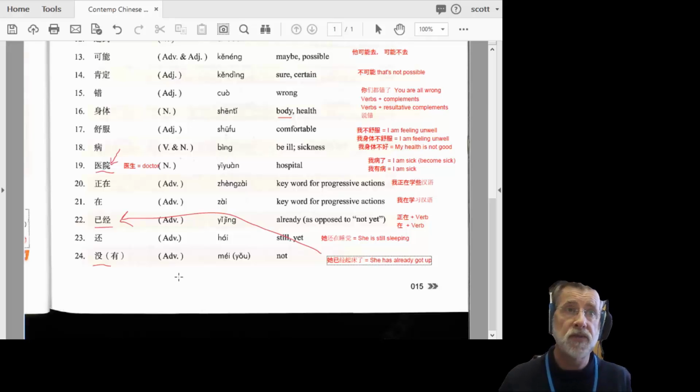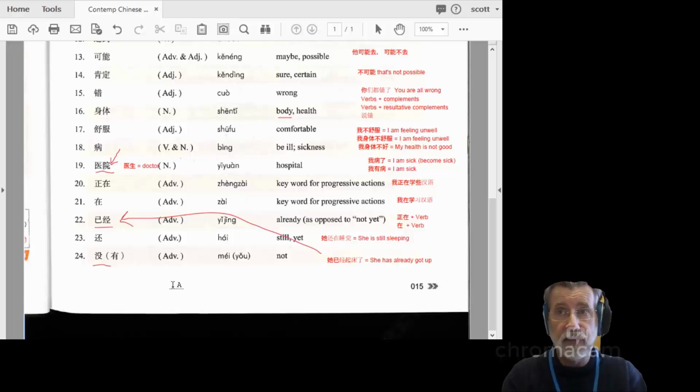But also, as I explained in the previous lesson, if we talk about something more general like habit, so for example, I don't smoke, then you would use 不, because 不 can refer to something that didn't exist in the past, doesn't exist or happen now, and won't in the future.